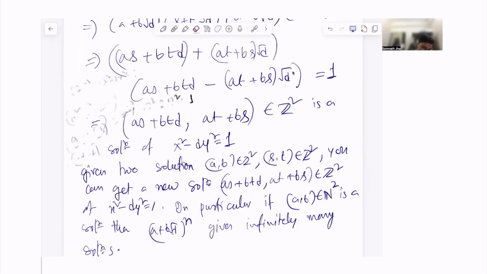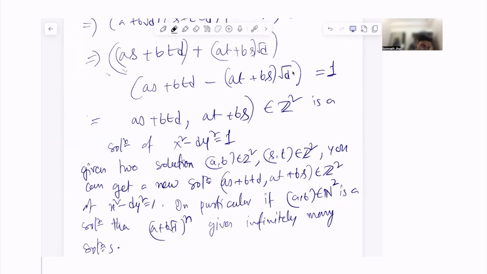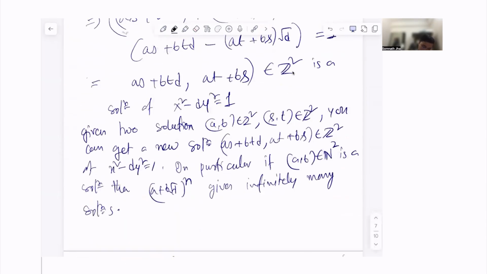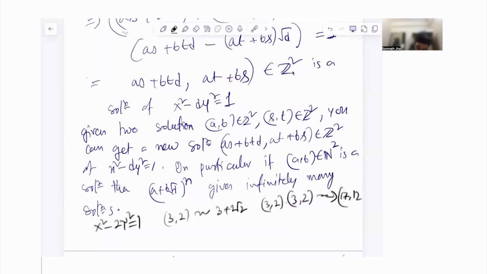So (3, 2) corresponds to 3 + 2√2 for x² − 2y² = 1. Then (3, 2) times (3, 2) corresponds to (17, 12), which is another solution.